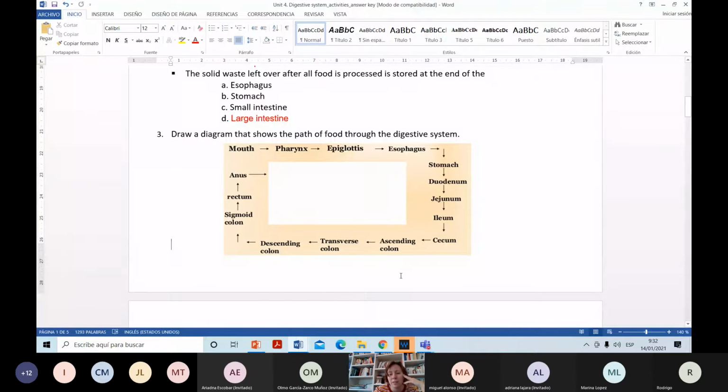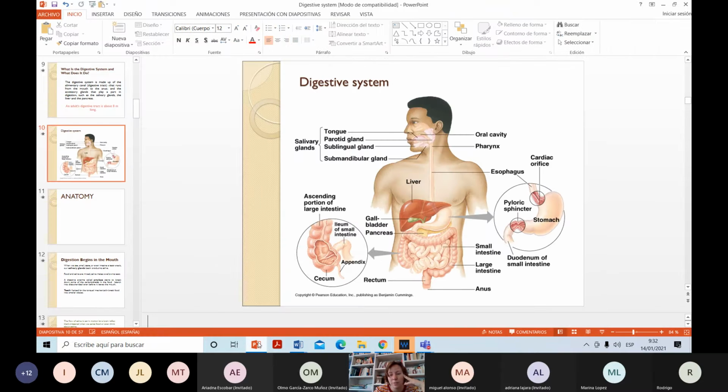So we've got ascending colon, transverse colon, and descending colon, and then the sigmoid colon. I'm going to show it to you in the picture. Okay, so that would be the same as large intestine up to there, and at the end we've got the anus at the end of the rectum. Let me show you all these parts there.